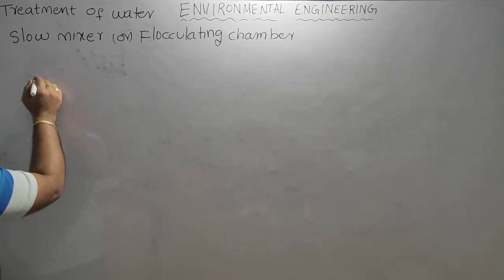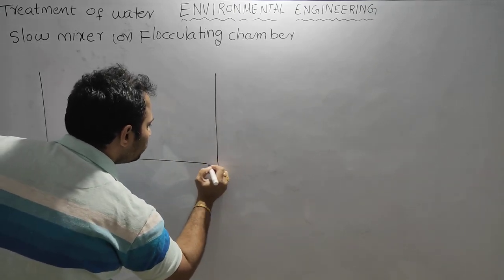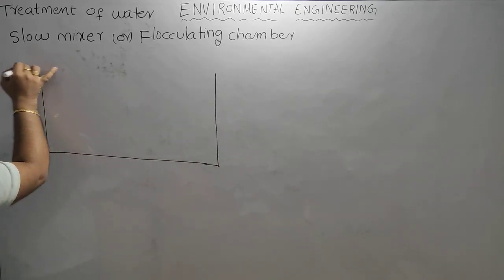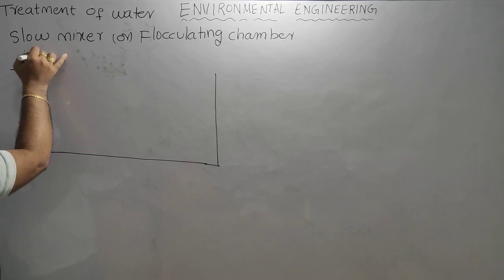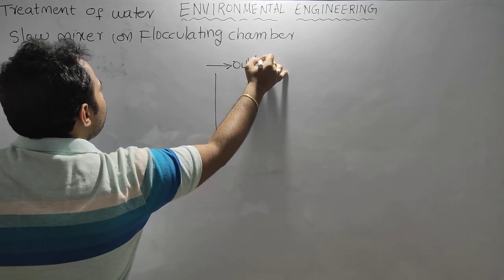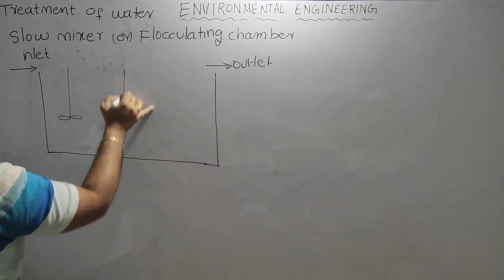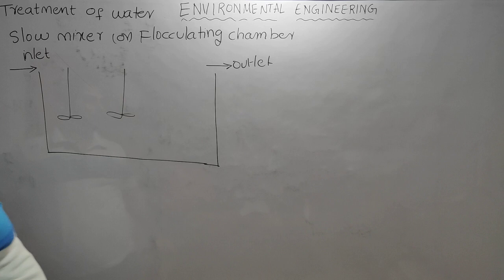This is the slow mixing chamber. This is the inlet, outlet. These are the paddles, chamber 1 and chamber 2.